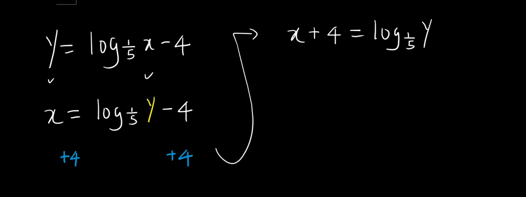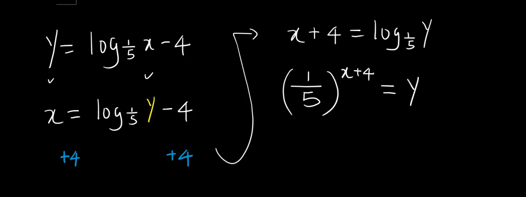All right, we're going to find y by rewriting the log into exponential. So the base is 1/5, the exponent is x plus 4, and it equals y. Now you see on the right-hand side we have a y. On the left-hand side, we have 1/5, in parentheses, raised to x plus 4.